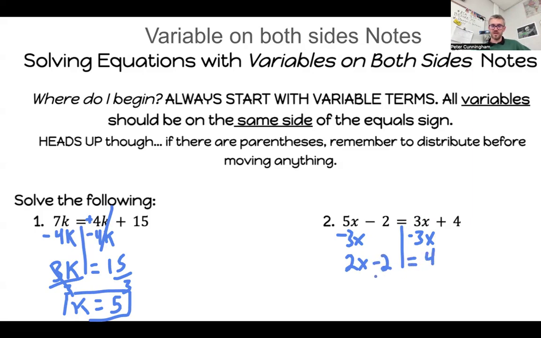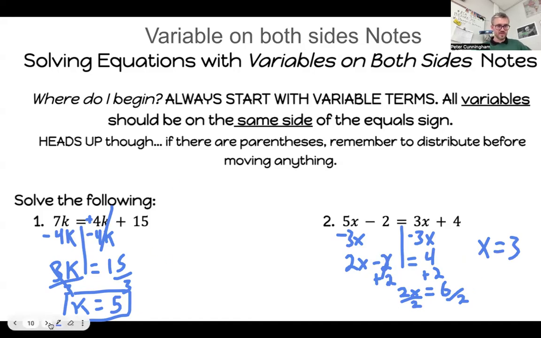And now all I have to do is get rid of the 2 over here. So now I have 2x equals 6. Divide both sides by 2. X equals 3. Kind of running out of room with the Zoom tools here. I'll figure that out as the year goes on.